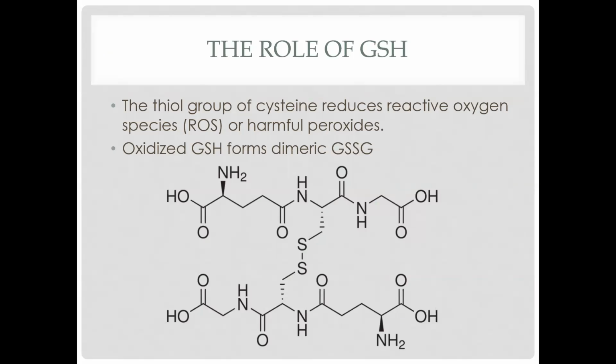So the business end of glutathione is the thiol group of the cysteine. When you use the thiol group of the cysteine, you link two glutathiones together and you make a dimeric glutathione. This dimeric glutathione is written GSSG, and the reduced glutathione is written GSH.